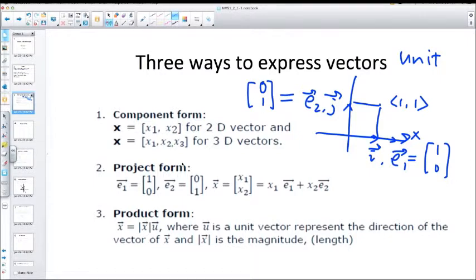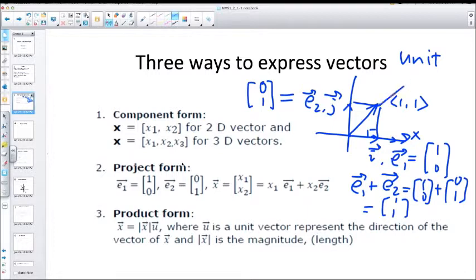Another expression is, look at this. If this is my x, I can write this x as e1 plus e2. So e1 is (1, 0), e2 is (0, 1). When you add, it's (1, 1).